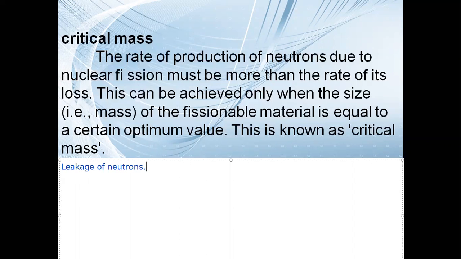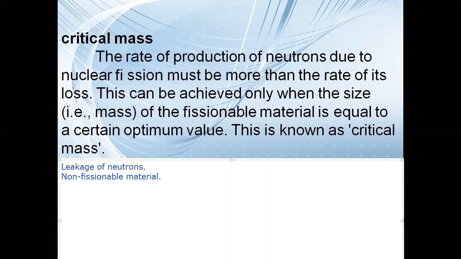Some of the neutrons escape from the system during the nuclear fission process; that is called leakage of neutrons. Some of the neutrons are absorbed by the neutron absorber, that is, non-fissionable material. These two factors lead to the loss of neutrons.